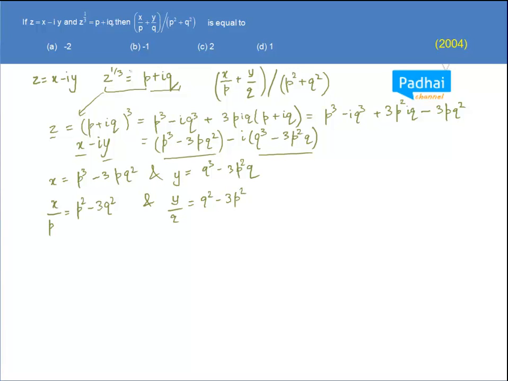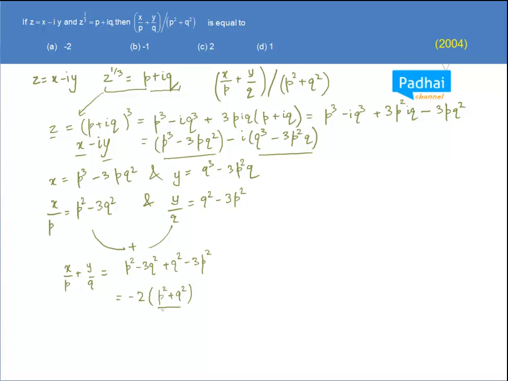Now according to the equation, I should add these two up. So x by p plus y by q is equal to p square minus 3q square plus q square minus 3p square, and if you solve this properly, it comes out to be minus 2 times (p square plus q square).